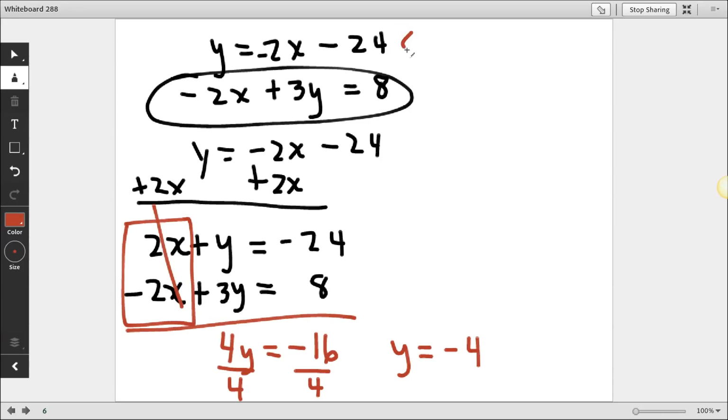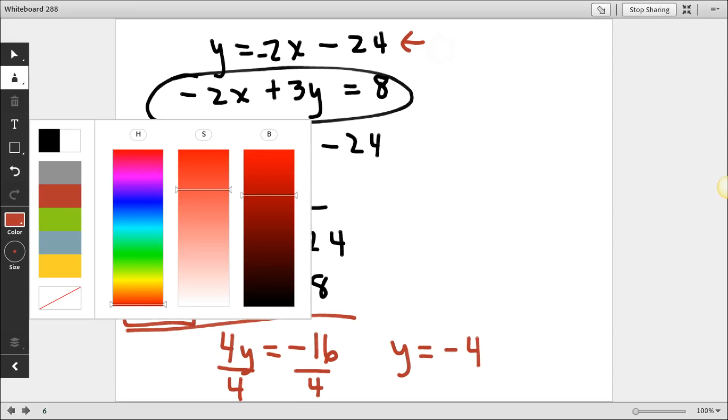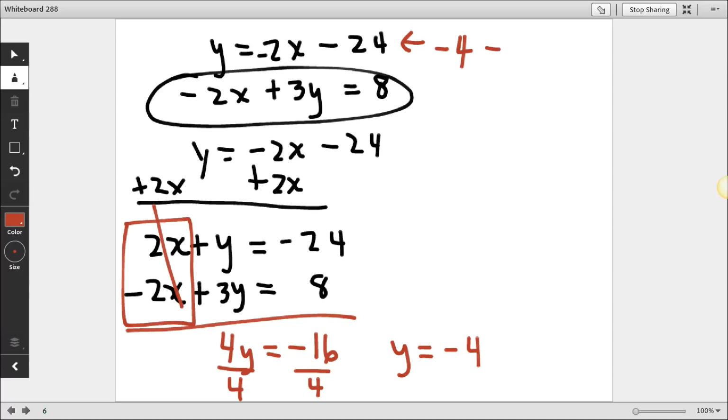I'm going to pick this one. And so I'm going to substitute negative 4 in for y. And now solve for x. I'm going to add 24 to each side.